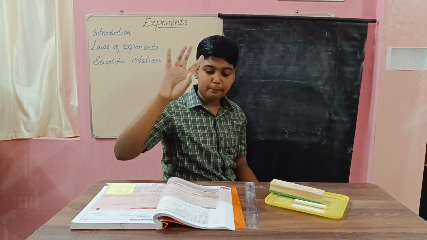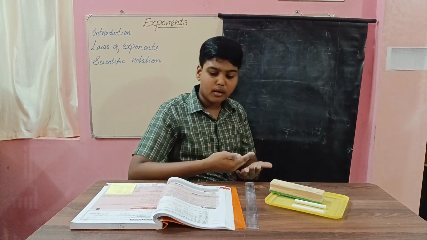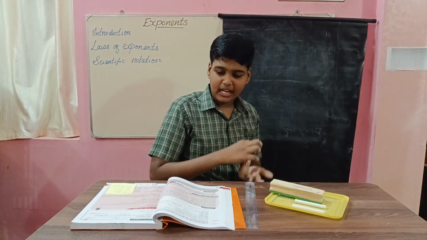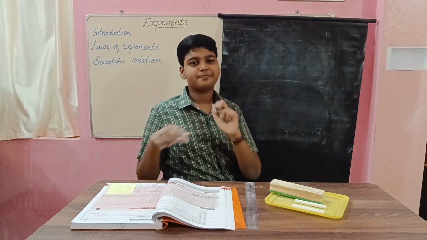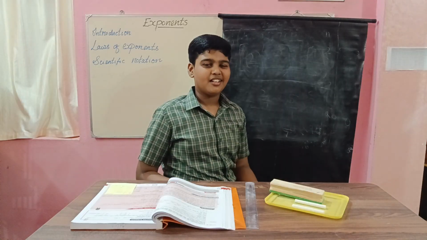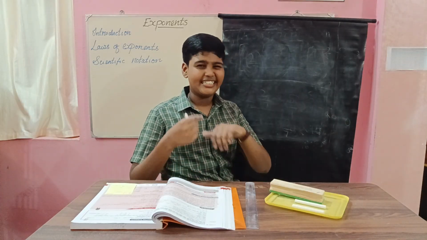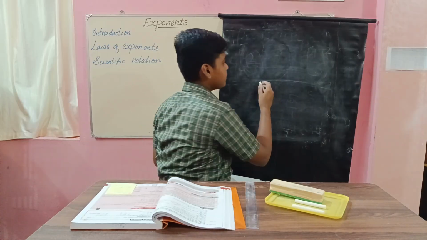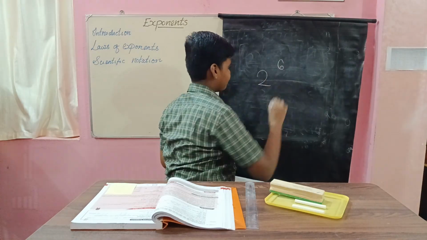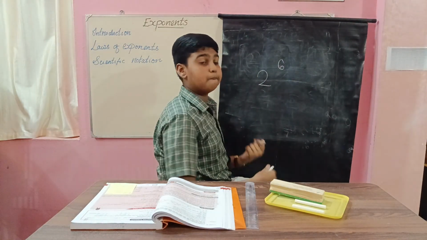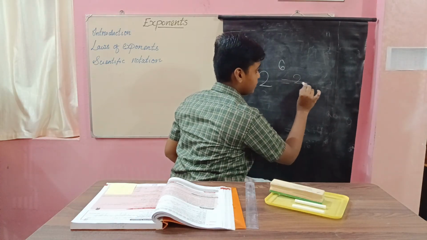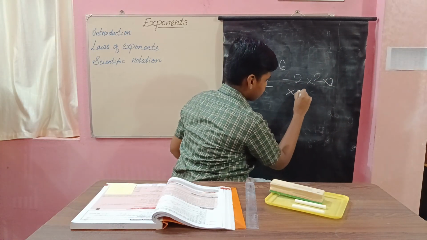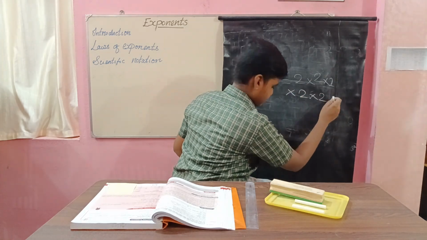The power of 2 to the power of 6 describes the number of great grandfathers the dog has. So how many is this? But actually, this question is a bit tricky. The answer in the question is 2 to the power of 6. This is the answer, but you need to write it like 2 into 2 into 2 into 2 into 2 into 2.